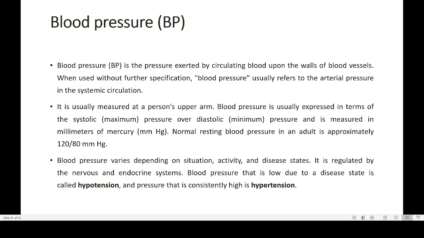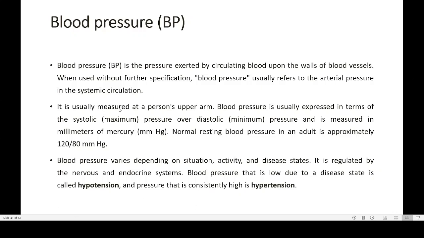Whereas when the heart is relaxing, no blood is coming from the heart, so less volume of blood is present in your artery. So the force produced is less and the pressure is very low. That pressure is known as diastolic pressure.